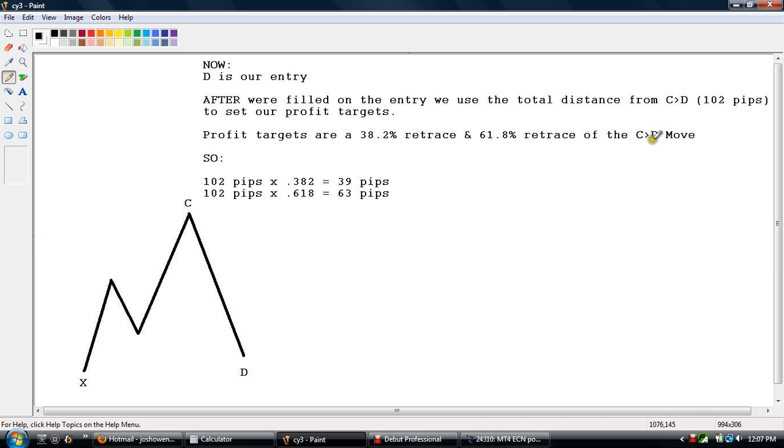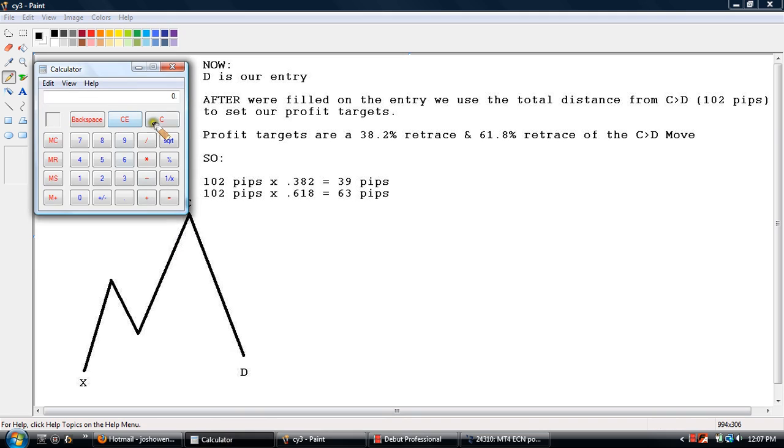So if you looked at this from a mathematical standpoint, like we have been doing the rest of the videos, the distance from C to D, let's say, is 102 pips. So the distance from here to here is 102 pips. So a 38.2 retrace is going to net you 39 pips from D. A 61.8 is 63 pips.